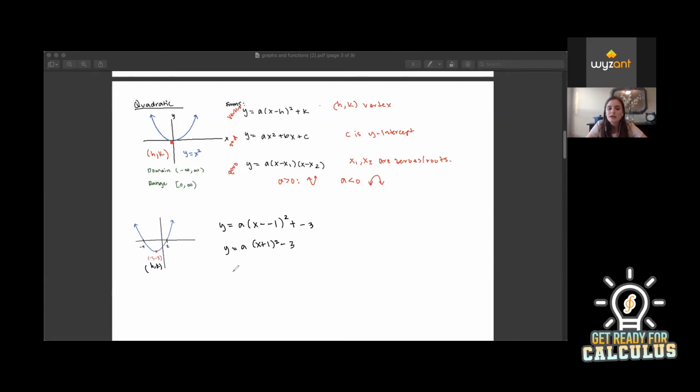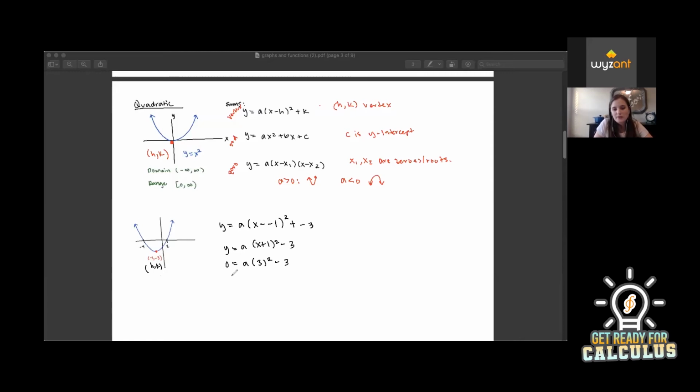That's not really enough though. What we want to do from there is figure out what our a is. The only way we can do that is using another point besides the vertex. So you could use (-4, 0) or (2, 0) and solve for your a from there. Here, let's use (2, 0). So our y is 0, a times (2 plus 1), which is 3, squared, minus 3.